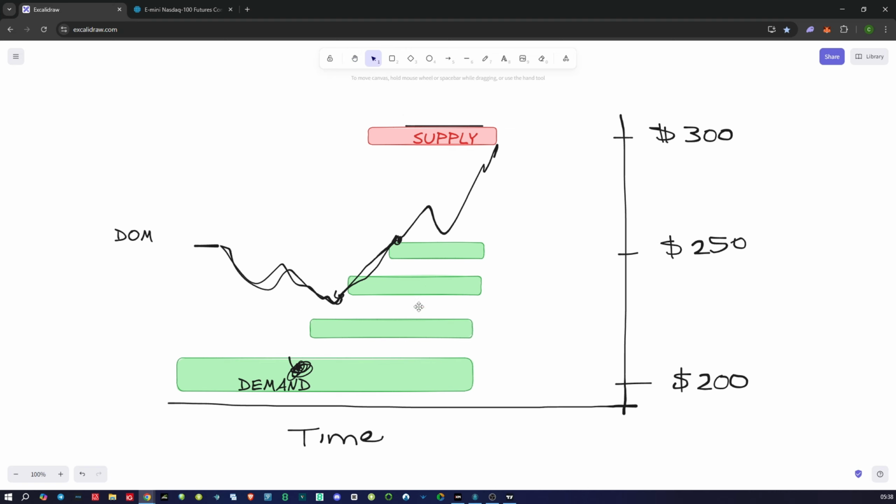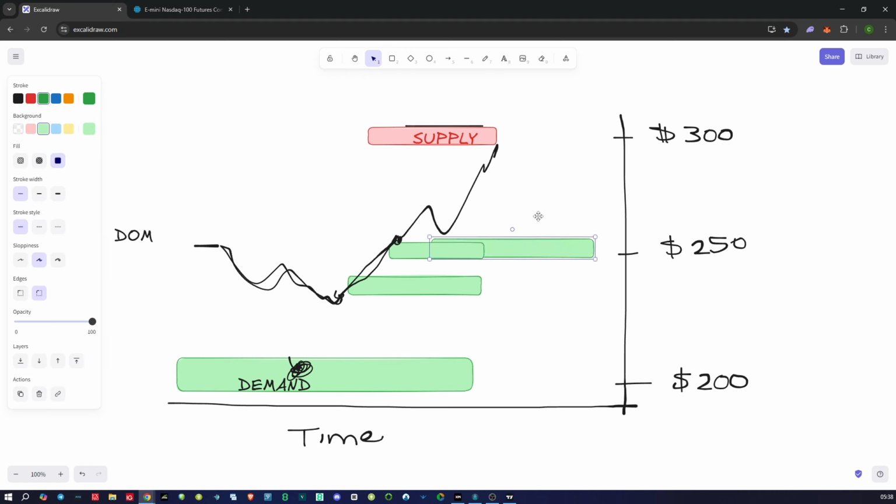Let's say, for example, this person decided, okay, you know what, I'm going to rather put in my demand here because I'm not getting my shoes at the price of 200. I'm just going to move my demand higher because I can see there is some stock available at $300.